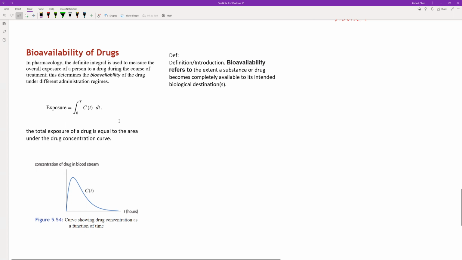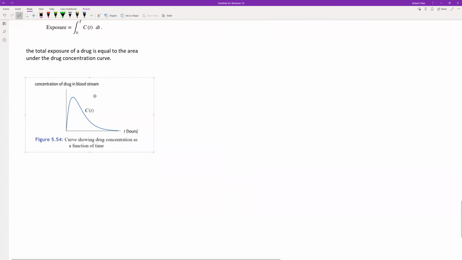of the concentration function. We have seen the concentration function from the last chapter, chapter 4.8, when we talked about the surge function. This is a picture of the surge function. We can see that after a few minutes, the concentration of the chemical in your bloodstream rises rapidly and then decreases slowly. So the area under this curve represents your bioavailability.